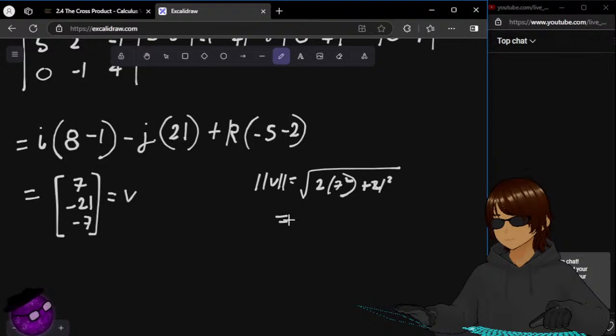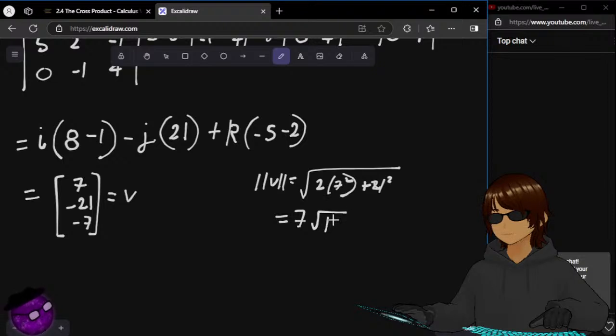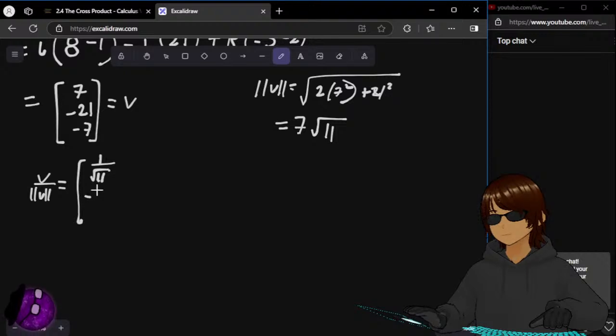I have a calculator with me. √11. So 1 over √11, minus 3 over √11, minus 1 over √11.